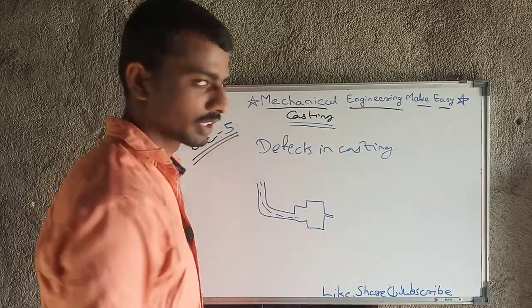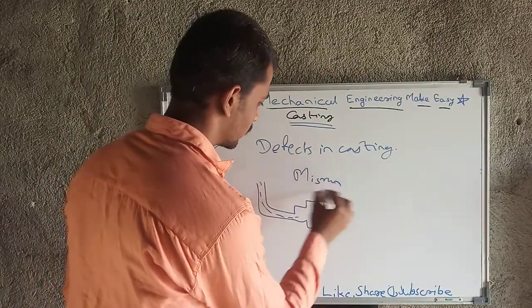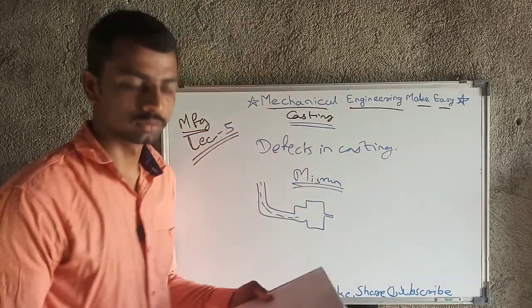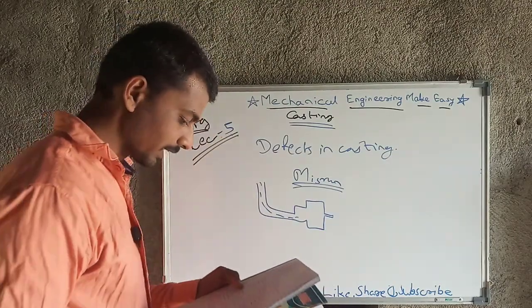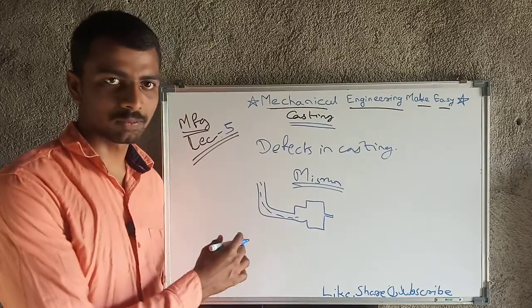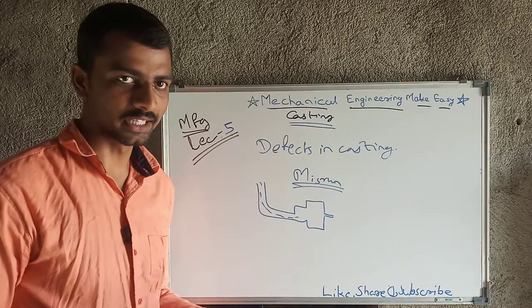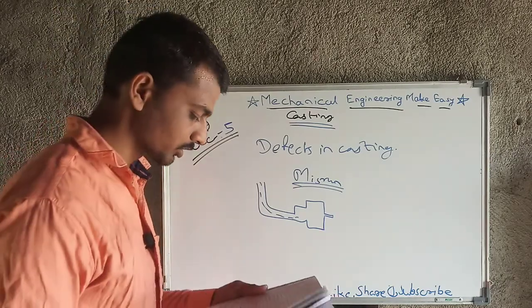That defect is misrun. Then shrinkage cavity or void. Because shrinkage takes place, if the riser does not perform well, then that shrinkage cavity will be there. That's the defect, nothing but shrinkage cavity.